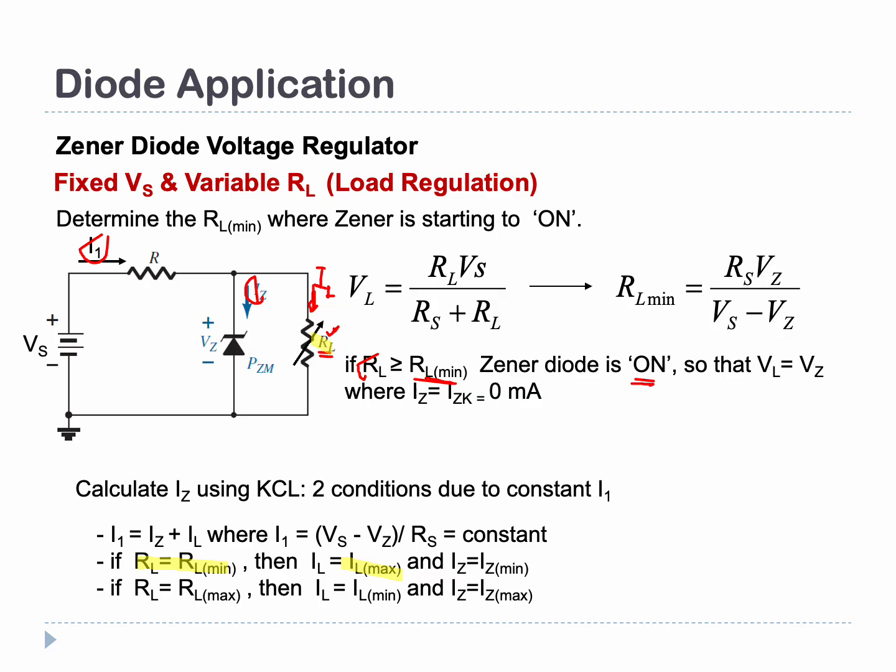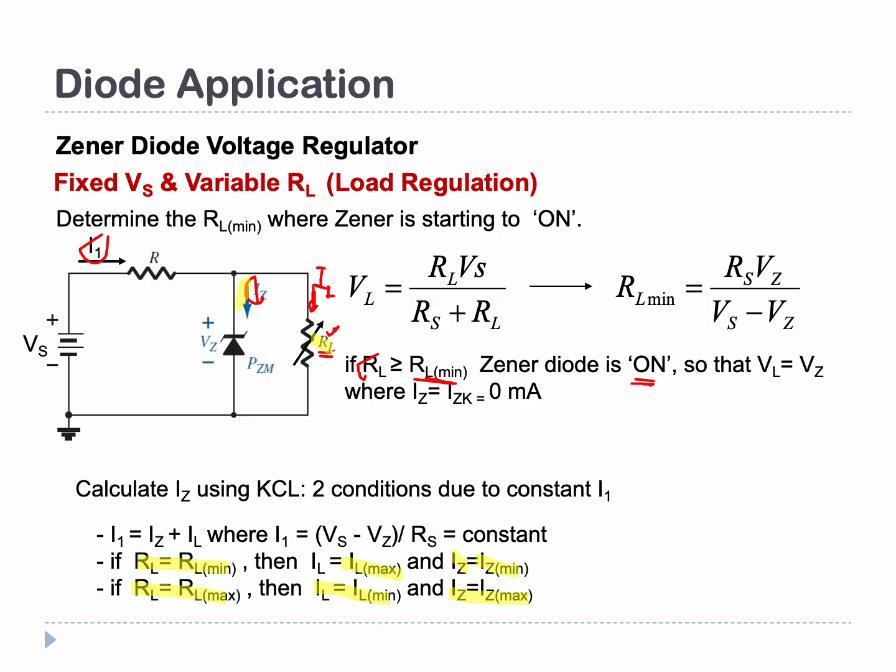So your IL will be IL maximum and your IZ will be IZ minimum, so less current will flow at the zener. But if your RL is at its maximum value, RL equals RL max, then your IL will be IL minimum and your IZ will be IZ maximum. So these are the cases that you need to remember.